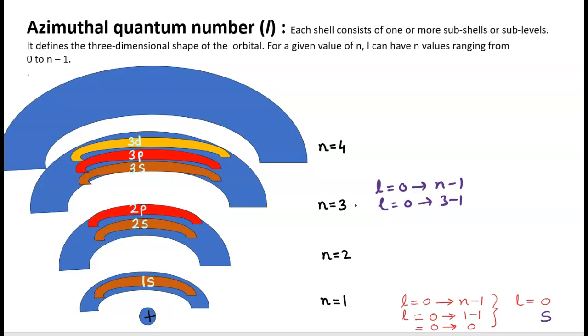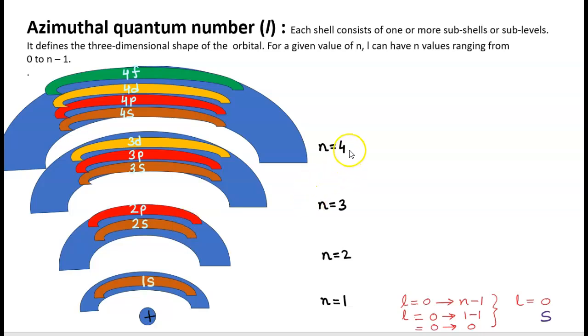That means 0 to 2. That means L's value will come out to be 0, 1 and 2. For 0, the subshell denoted is s. For 1, the subshell denoted is p. And for 2, the subshell denoted is d. In the same way, it goes on for other subshells as well.